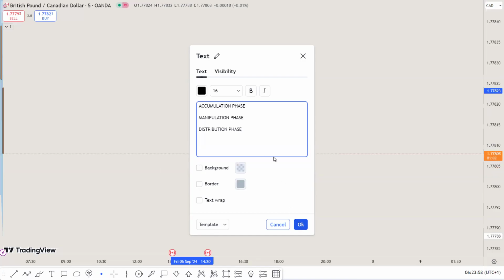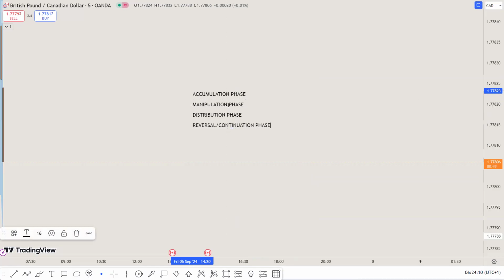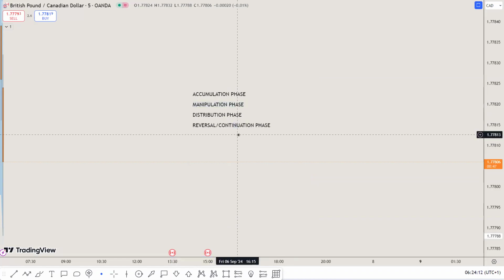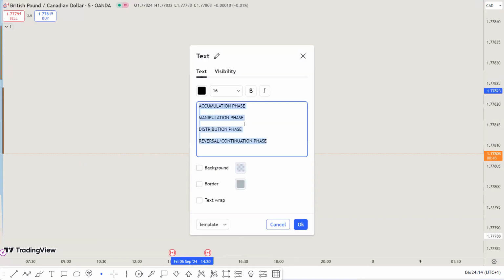Although we have the last one, reversal slash continuation phase. All right. So please follow me closely because this is important. It won't be nice if you miss any step.